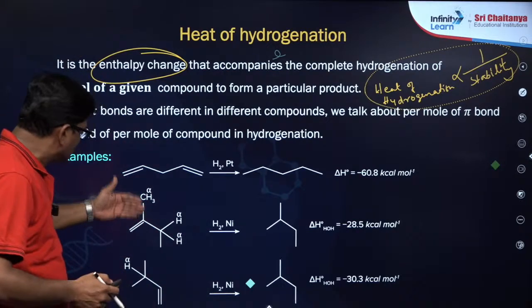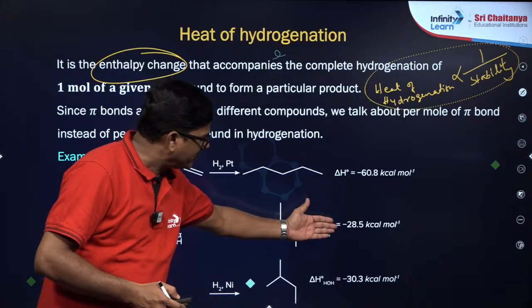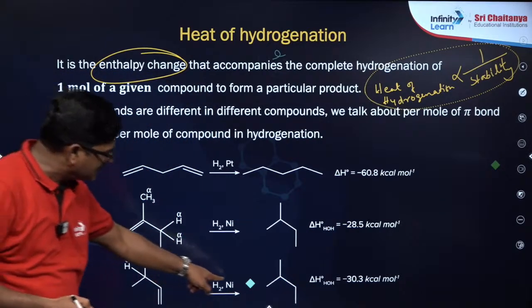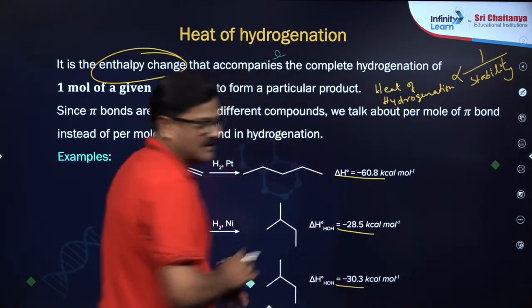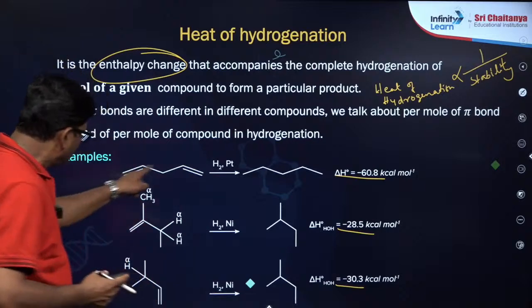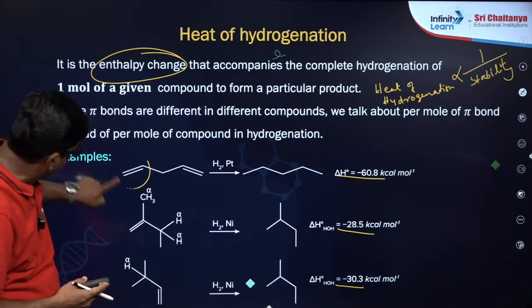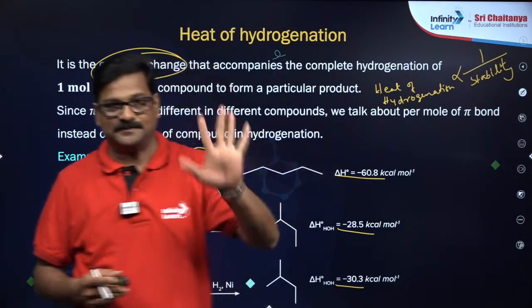If you consider this alkene, if hydrogen is added, minus 28.5. If this alkene, hydrogen is added, minus 30. So what are the points we are going to learn from here? In this alkene, more number of double bonds are there, therefore more heat of hydrogenation is seen.